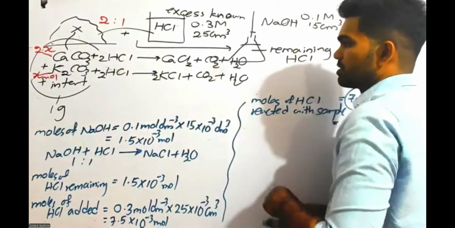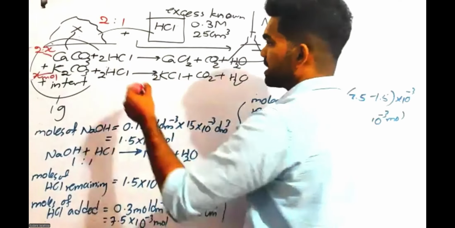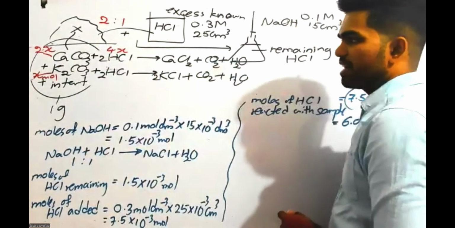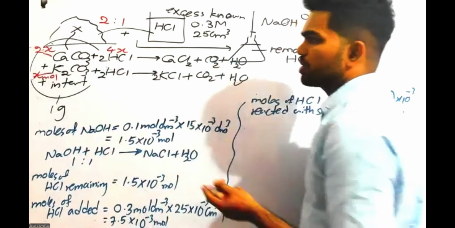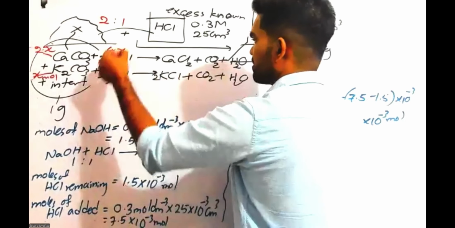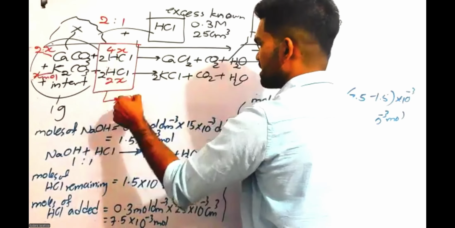Okay. So if you have 2x moles of calcium carbonate, you will be needing 4x moles of HCl with that one. And if you have x moles of potassium carbonate, you will need 2x moles of HCl. So all together, it is 6x moles.